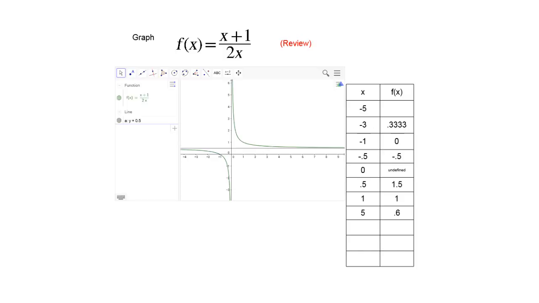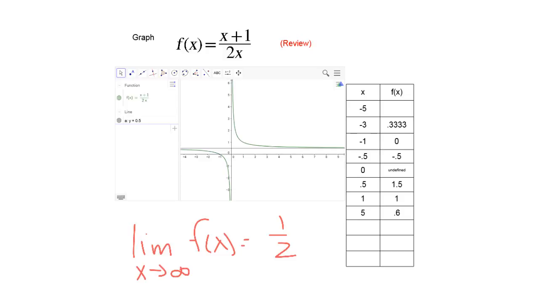So we can say that the limit as x approaches infinity of f of x equals 1/2. And that also jives with our previous rule. This is an order 1 polynomial on top, and this is an order 1 polynomial on the bottom.